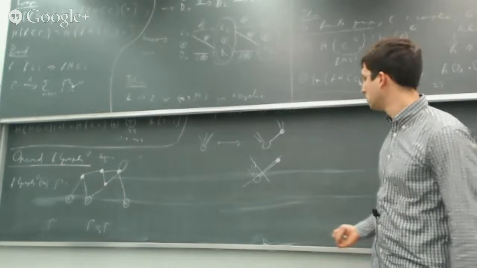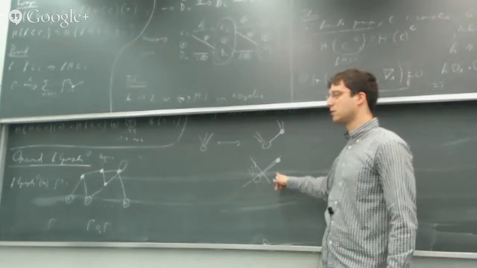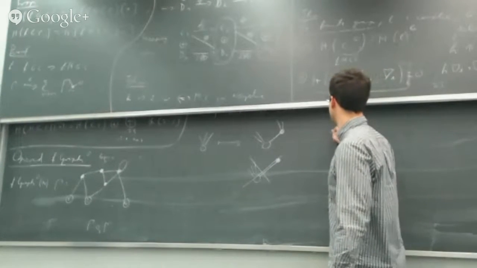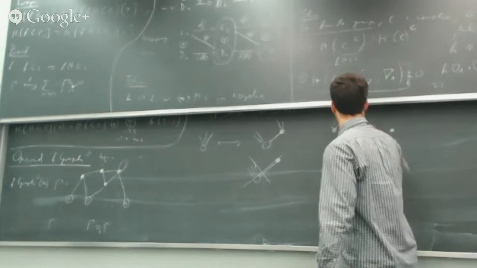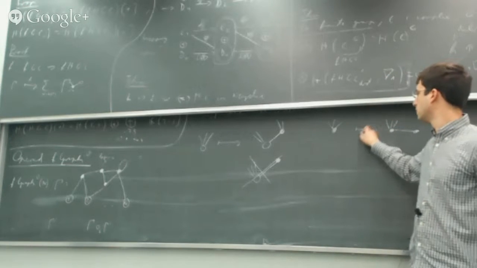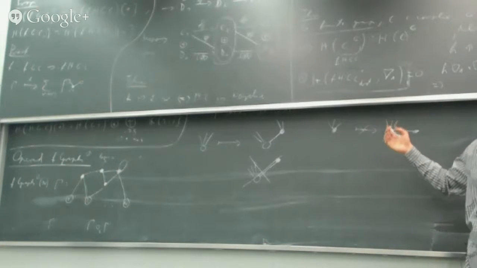And why we don't want the last one? This. Yeah. We also don't have, in splitting an internal vertex, we don't have this. And that's similar.